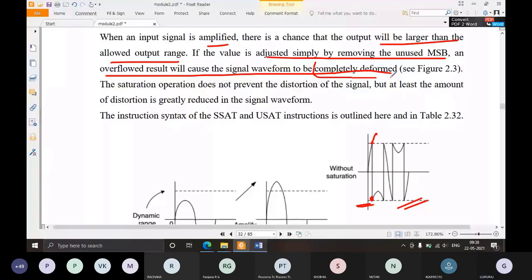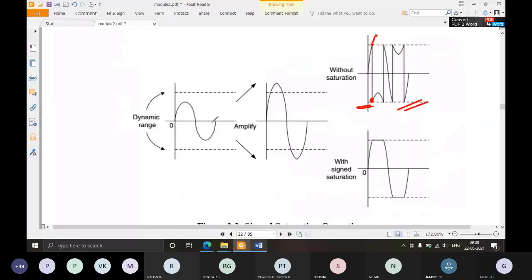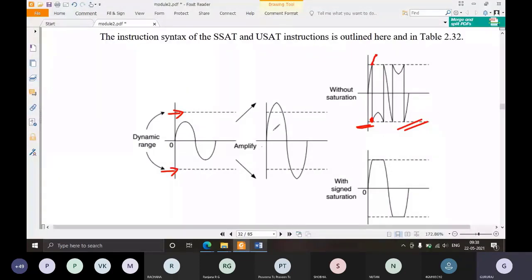To avoid the distortion, the saturation operation is used. Here, this was the original voltage waveform, and we amplified the voltage. This dotted line is the maximum value that we can represent. If the voltage value exceeds the maximum values we can represent, either positive or negative, and we try to represent it again, we get this distorted version.